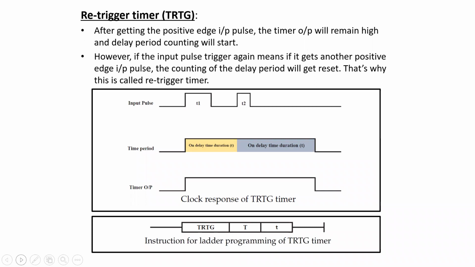Now the last type of timer is the retriggering timer, and its operation is slightly different from the monostable timer. The initial step is similar to the operation of the monostable timer: upon receiving an input pulse at the positive edge, the timer output goes high, and the delay count is initiated.